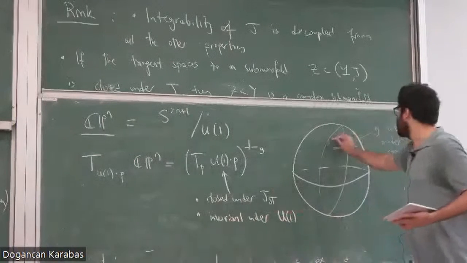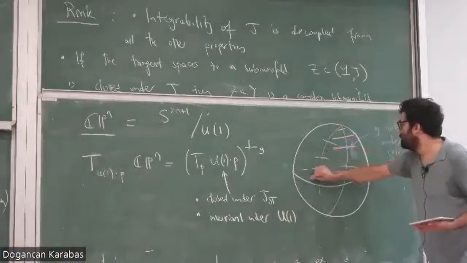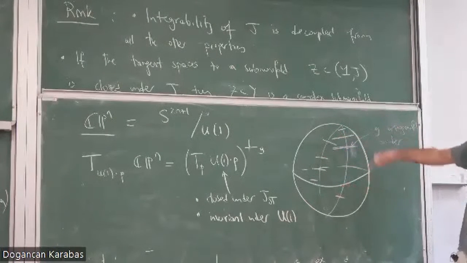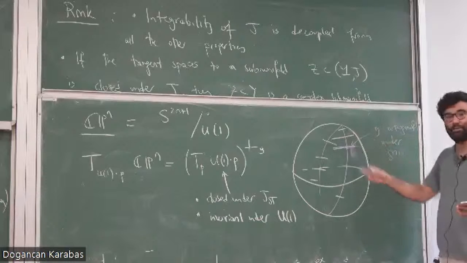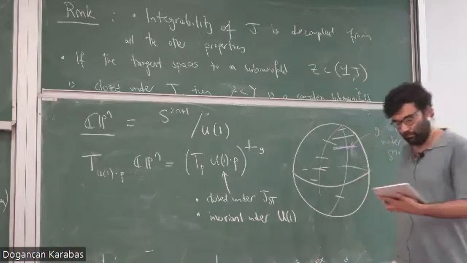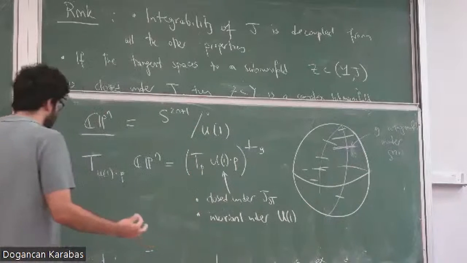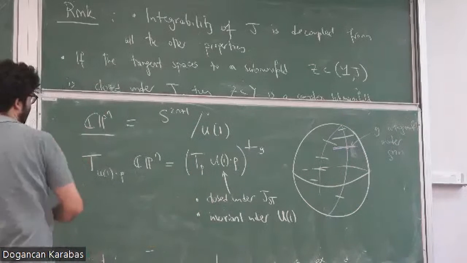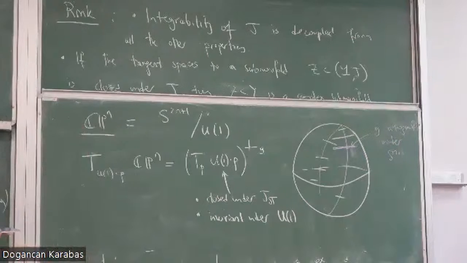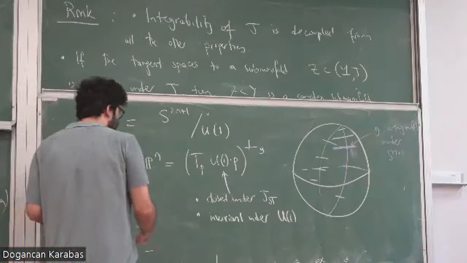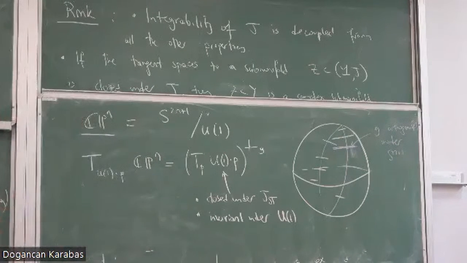Okay, so I have all these tangent spaces here, and all of these tangent spaces are sent to each other by the U1 action. Okay, so what I wanted to get, so I have my J here now. I also want to get a symplectic structure. The symplectic structure is again going to be induced by the standard symplectic structure on C^(m+1).